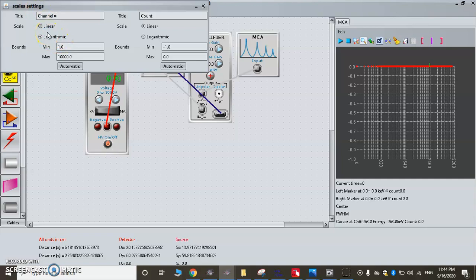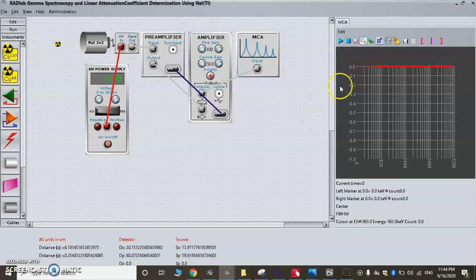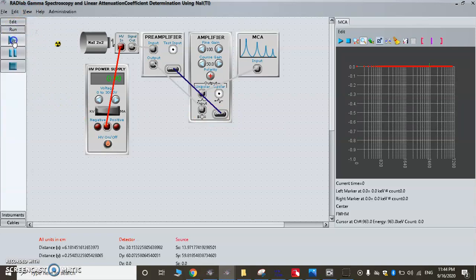In scale settings, set this to logarithmic. Now we have set up all these things, so let's run our experiment. Run, and we have our data.